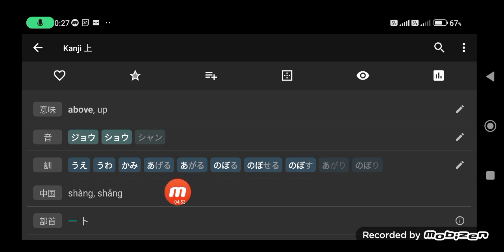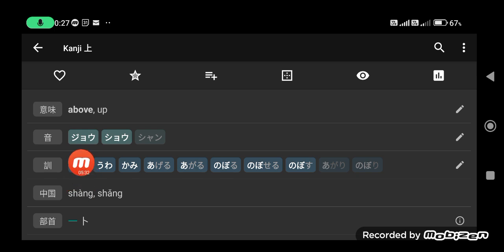In the description box, I will give you a refresher on what okurigana are, because I've already discussed this. Okurigana is the right side part of the point of separation in a kunyomi. Basically, they are the kana writings on the right side of the point of separation in a kunyomi.